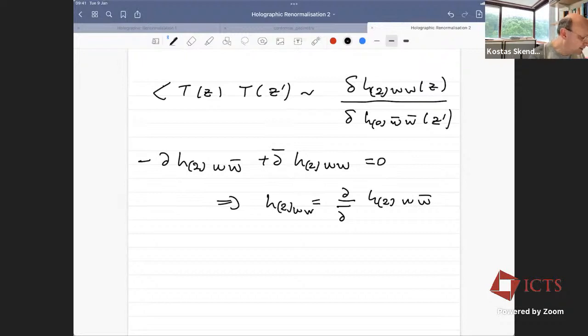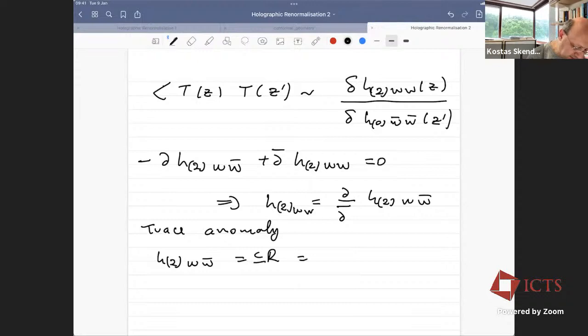And then we have the trace equation, the trace anomaly. This determines the trace of the energy momentum tensor, which are the mixed indices of H2, in terms of the curvature, which has a number of pieces.